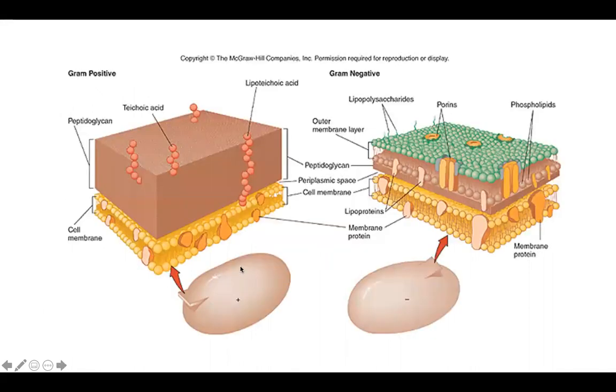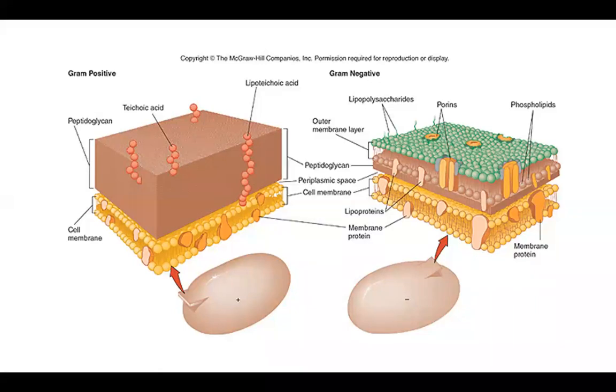So this diagram shows a cross-section of the two cell walls. We have talked about gram-negative cell walls. Gram-positives to the left have a thick peptidoglycan layer, which in that case is brown in color. And you have the cell membrane beneath it. Remember lipoteichoic acid.